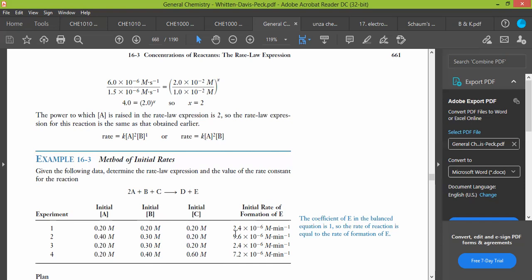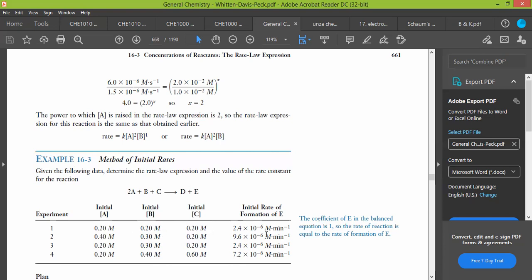There was no change in the rate, even after changing the concentration of B. This simply means that B had no effect on the rate. So with respect to B, this is 0 order.